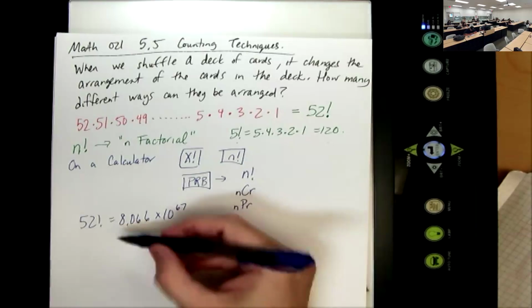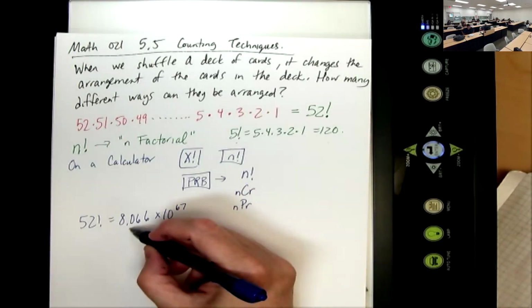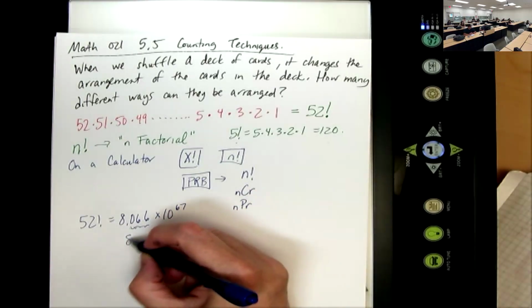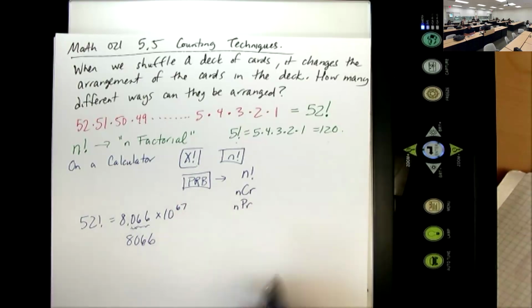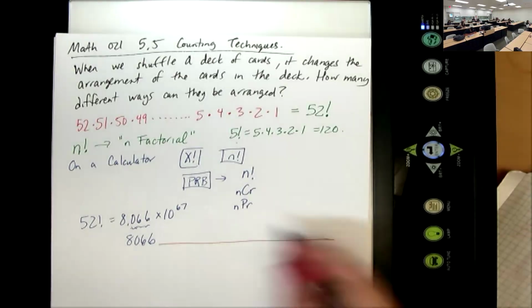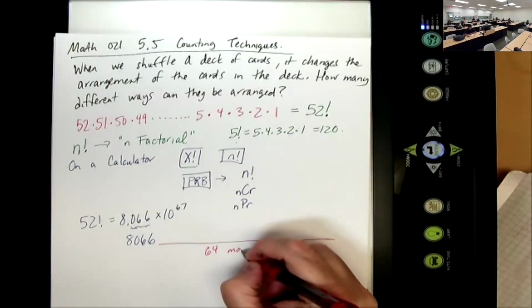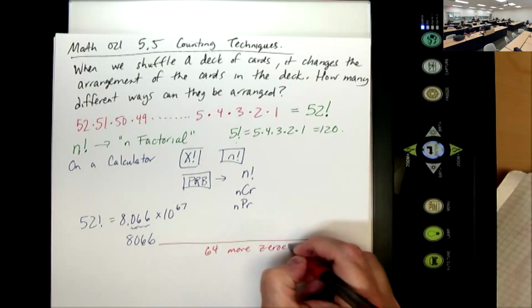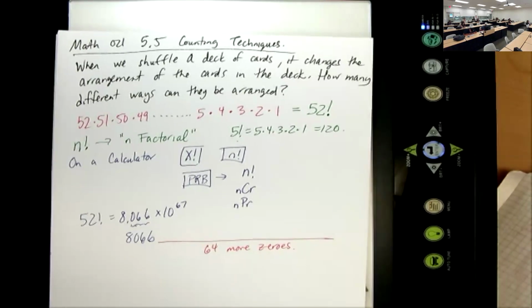Which means, after I deduct the 3 from that, I have 8066 and then 64 more zeros. We were just talking about this in math 321.